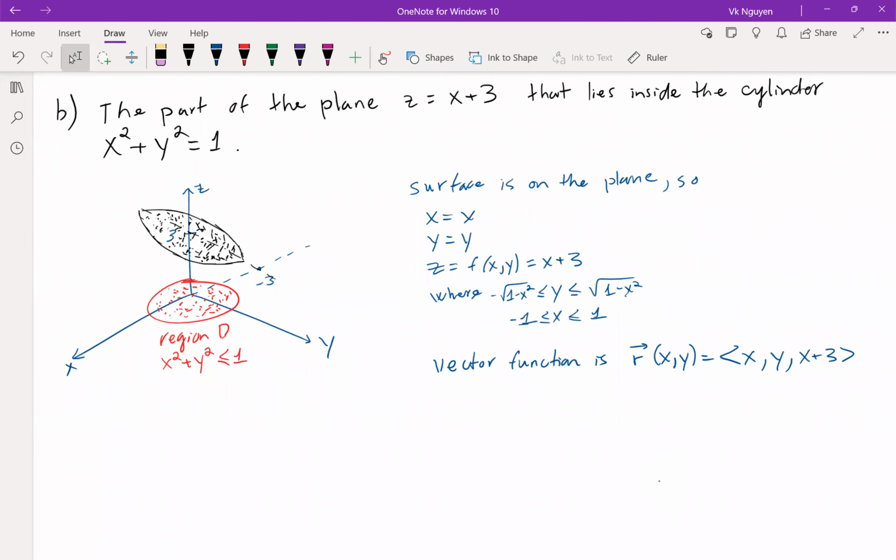Another way to parametrize the surface is to notice that it is inside the cylinder.